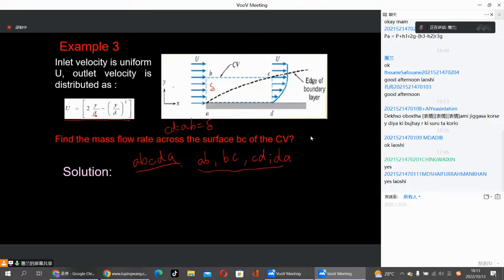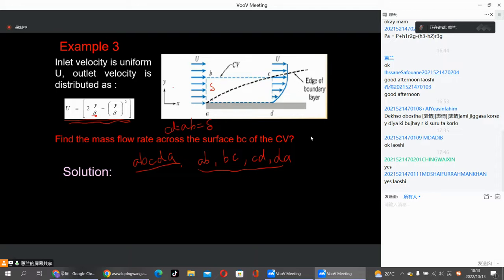For AB, we know its velocity distribution is uniform. For CD, we know its velocity distribution is a function of Y. Now we would like to find out the mass flow rate across the control surface BC.